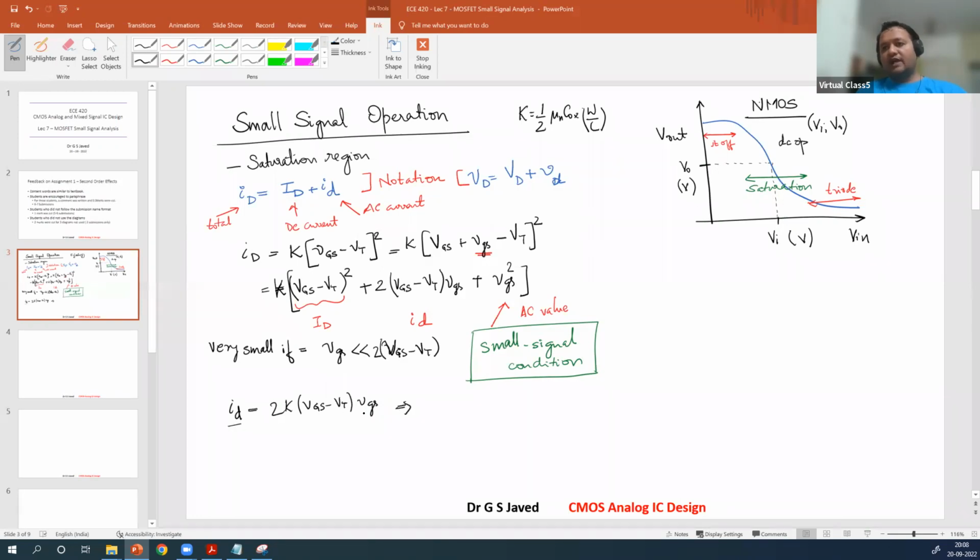If you take out id by vgs, that will give you your transconductance. gm is id over vgs is equal to 2 times K times VGS minus VT. Now, this is called small signal transconductance, properly defined.